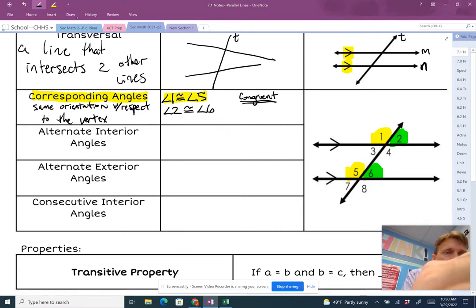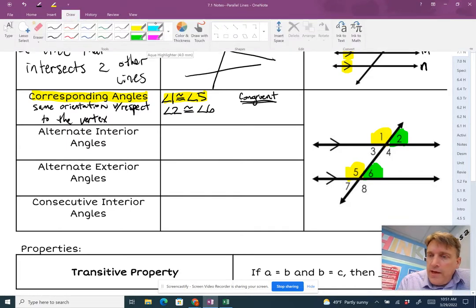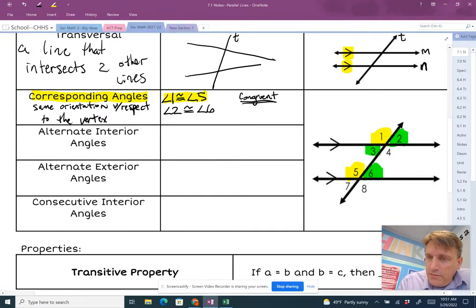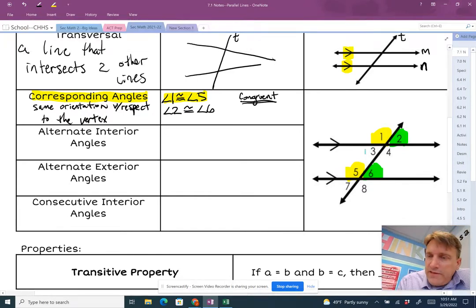And then let's use a different color. Let's go to blue. Down and to the left is angle 3. So on the other side, down and to the left from the other vertex is angle 7.